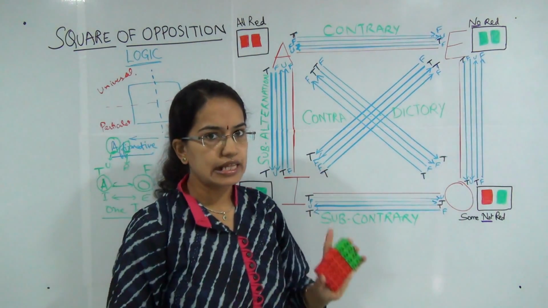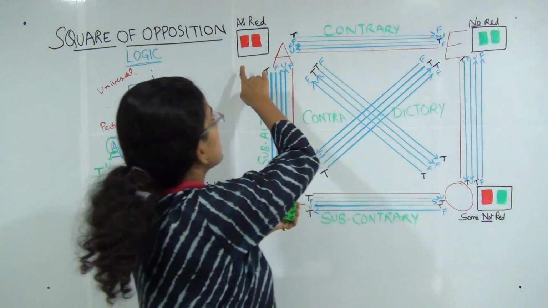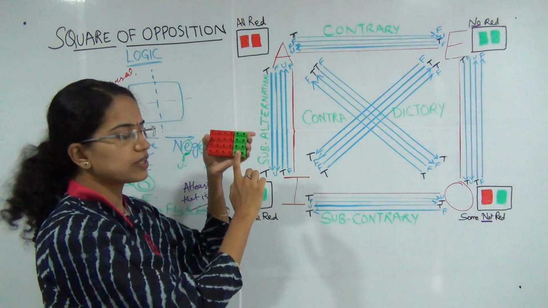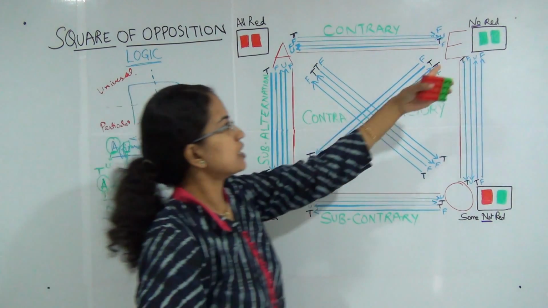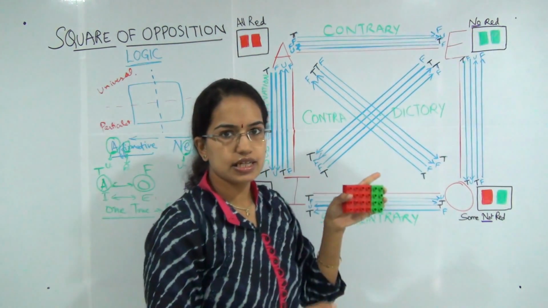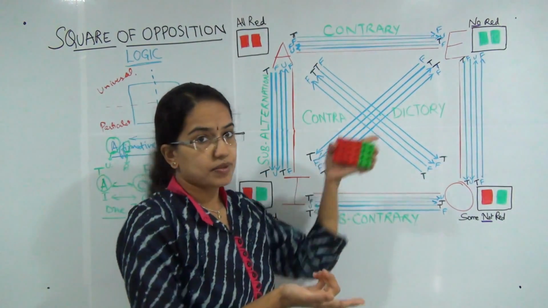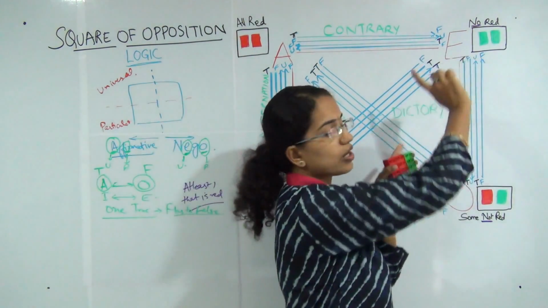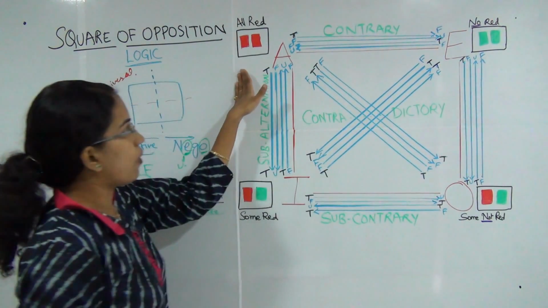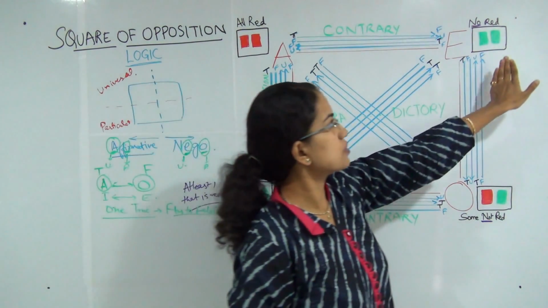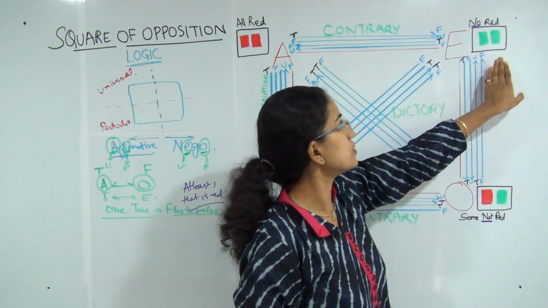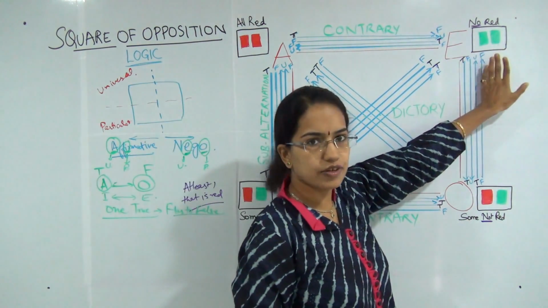If I am saying all blocks are red is false, that means I have one block that is green, then I can say there is no block that is red in color, which can be a true statement, and there is a block that is red in color, which is again a true statement. So if this is false, I cannot claim about the truth value of this proposition. This can be true as well as false.